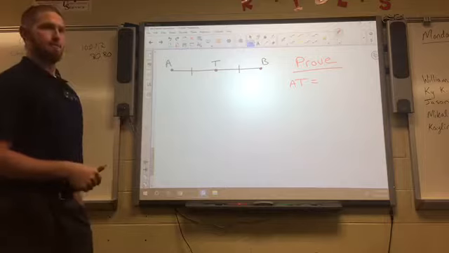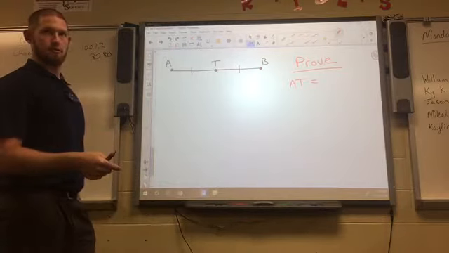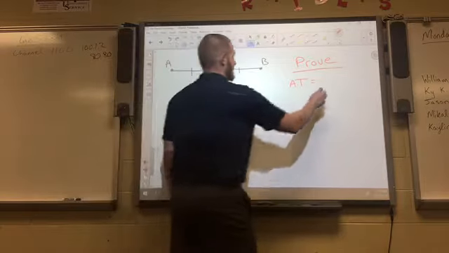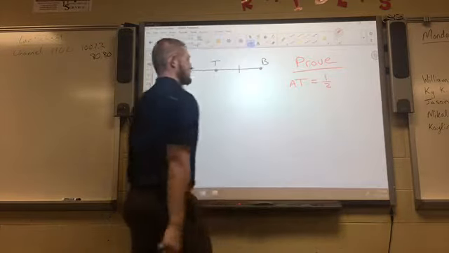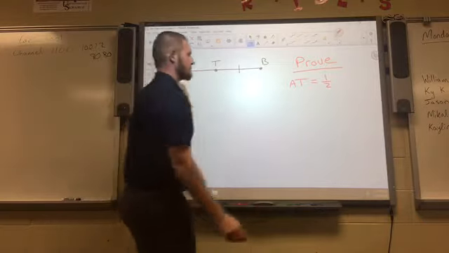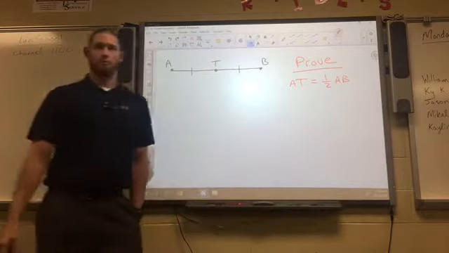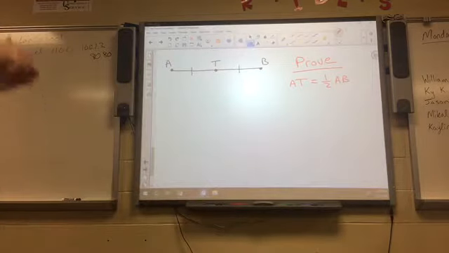Exactly half of the distance from one exit to the other. Okay, so half, and then what segment is from one exit to the other? AB. So that's what they're trying to prove. Meaning that's going to be the very last step in my proof, right? Okay.